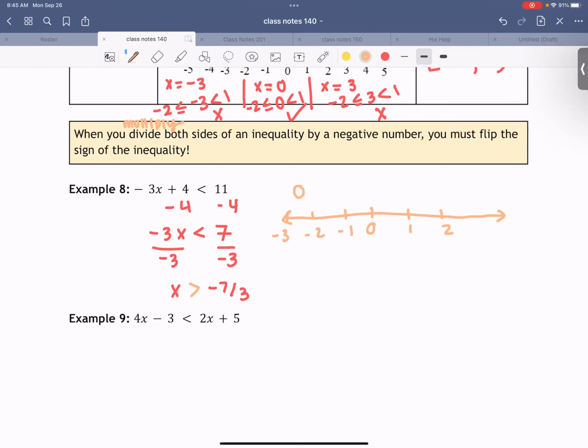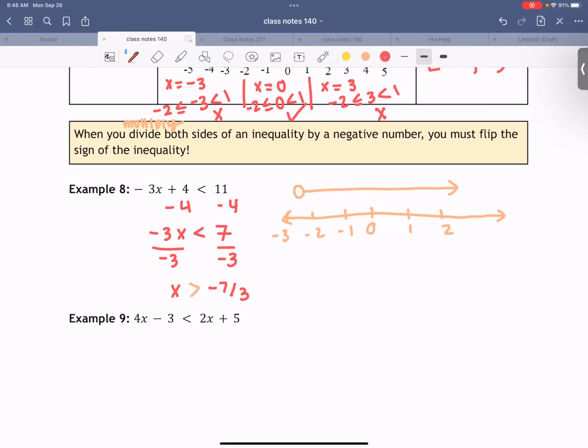Do I fill in or not fill in my circle? Not. Good. Don't fill it in. And should my arrow go to the right or to the left? To the right. Good. If you were ever unsure where this arrow goes, you can always plug in an x value. Why don't we just do that?